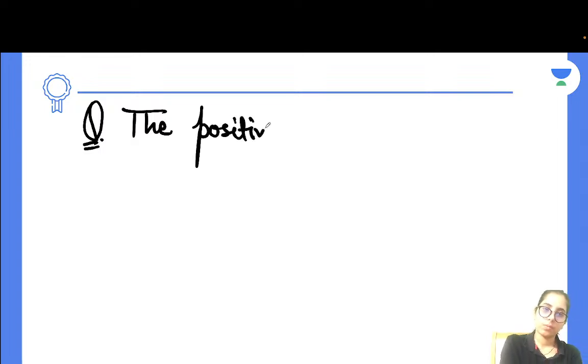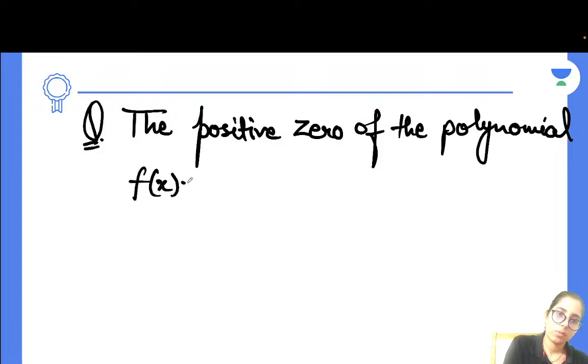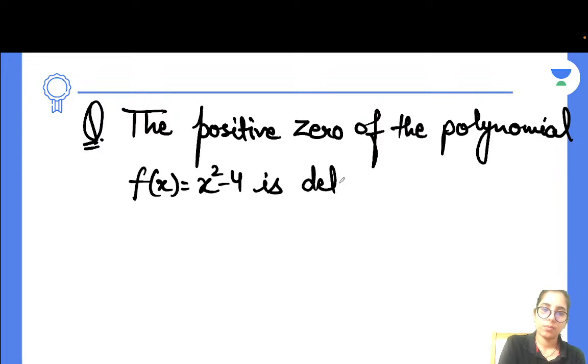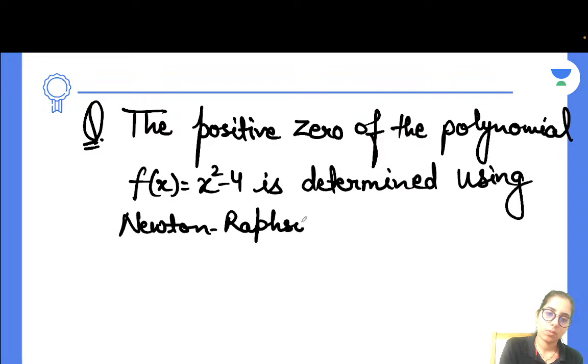The positive zero of the polynomial, that is f(x) is equal to x square minus 4, is determined using the Newton-Raphson method, using initial guess x is equal to 1.